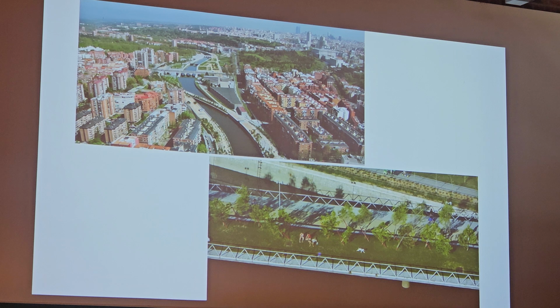Okay, there's a cafe here and there, but the primary thing wasn't commercial, it was public space.